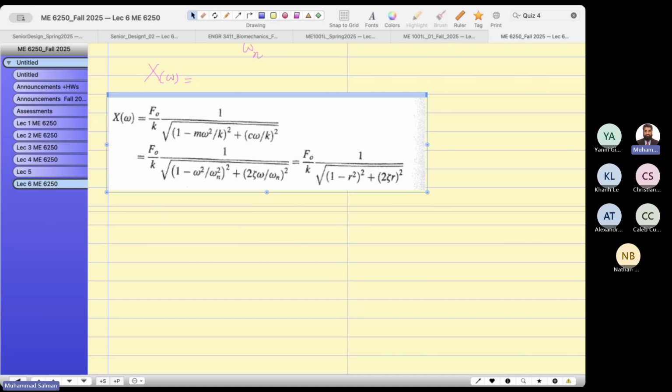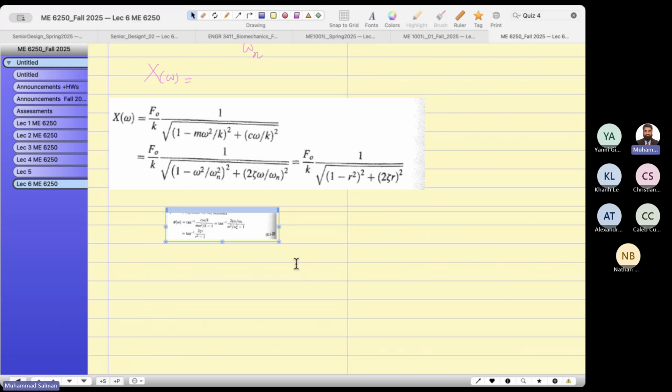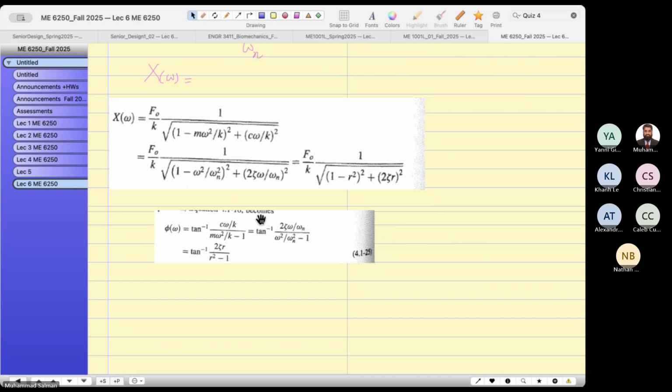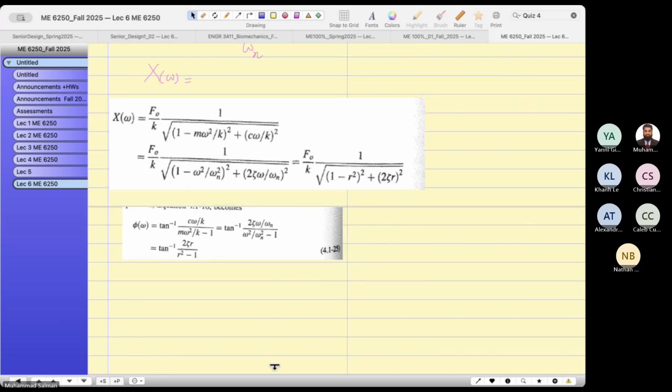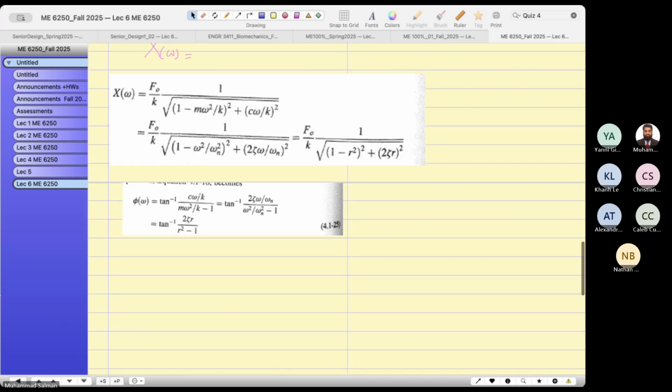Now for the angle part, how can you find the angle? So this is the formula for the angle. This part is the imaginary part, therefore it is in the numerator, and this part is the real part, therefore it is in the denominator.